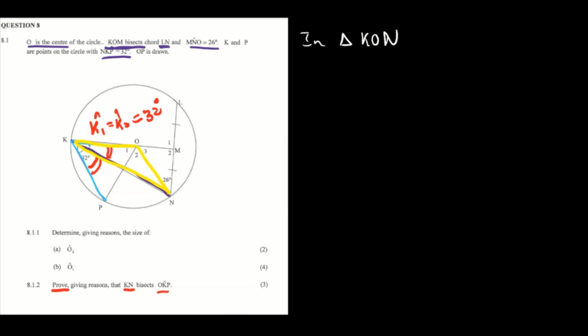We already know other angles, but we just need to find the angle of K2. So in this triangle KON, we can tell that KO is equal to ON. And the reason for this is that it's given as equal already, right? So if KO is equal to ON, it means angle K2 is equal to angle N, right?